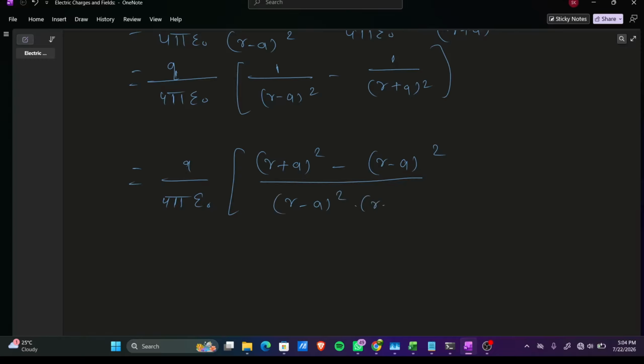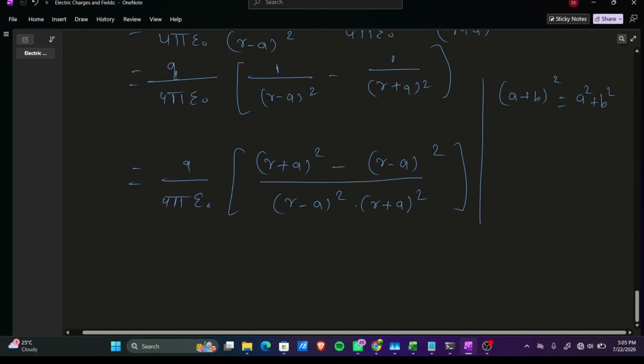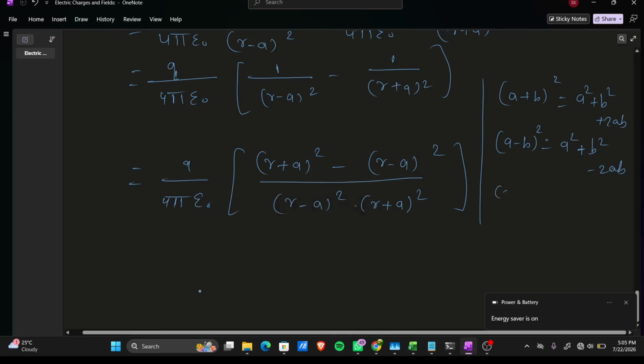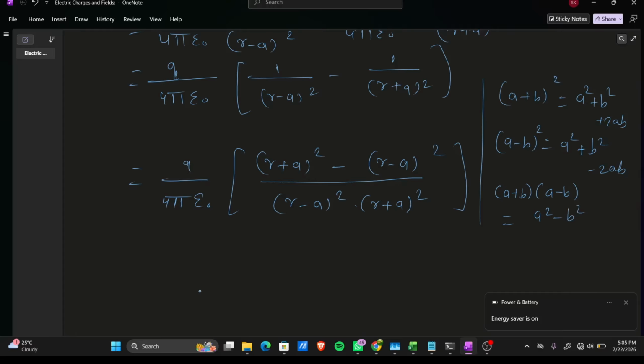Okay, I'm assuming that you guys know this formula: (a plus b) whole square is what? a square plus b square plus 2ab. (a minus b) whole square will be a square plus b square minus 2ab. And there is one more formula, (a plus b) into (a minus b) will be equal to a square minus b square. I'm assuming that you guys know all these formulas.